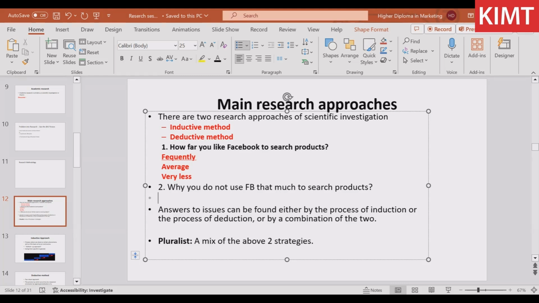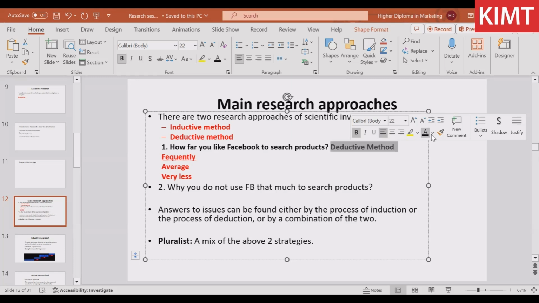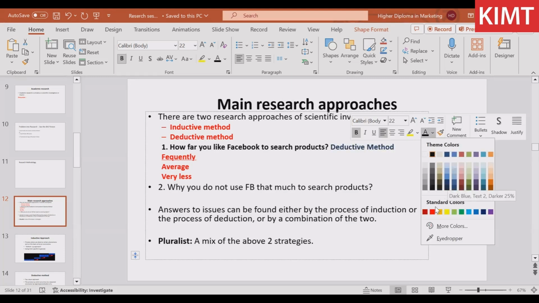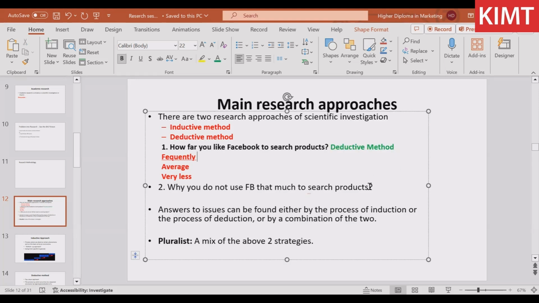Okay, now let's see. The first question I asked is relevant to the deductive method. Understood? Yes. Red color, deductive. The second question I asked was inductive.